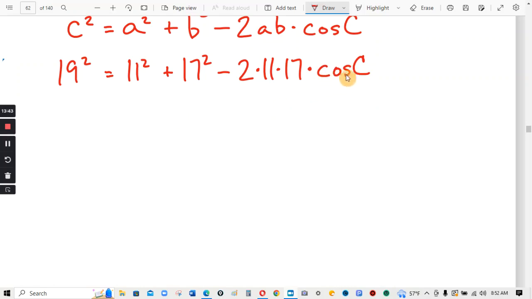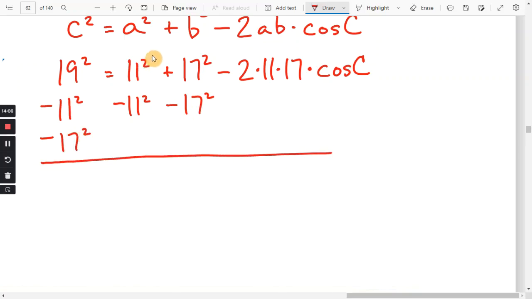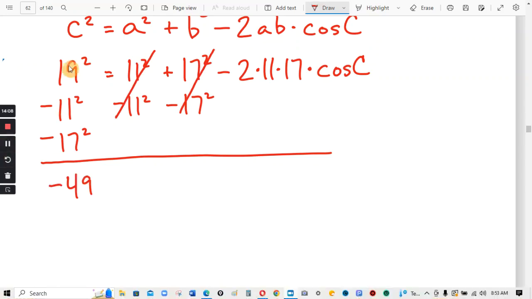We're trying to isolate cosine of C. So I'm going to subtract 11 squared and also 17 squared from both sides. Okay, 11 squared minus 11 squared is gone, 17 squared gone. I'll do this part on the calculator right now. Okay, I get negative 49.